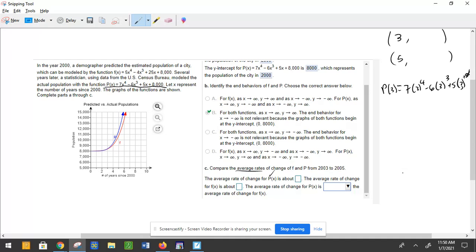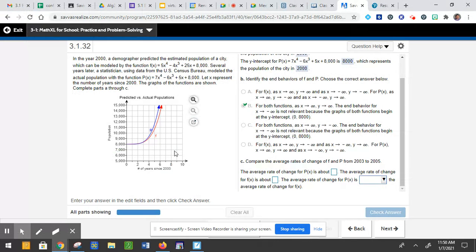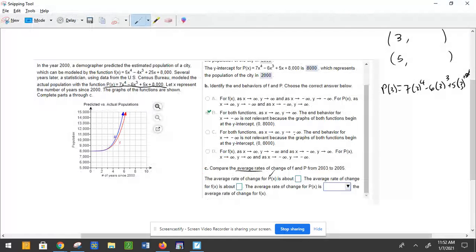All right, we do that on the calculator. Let's see what we get. All right, so I got 8,420, so that's going to go here.